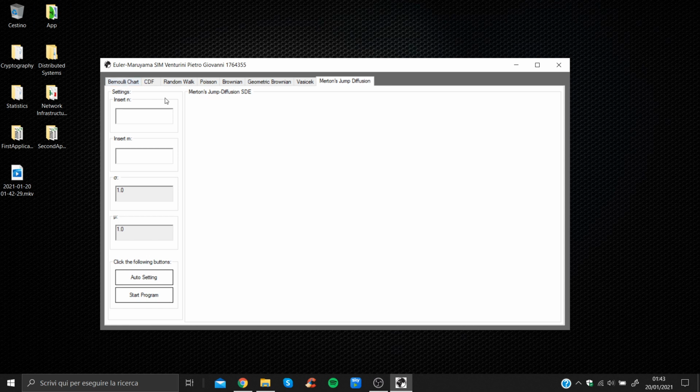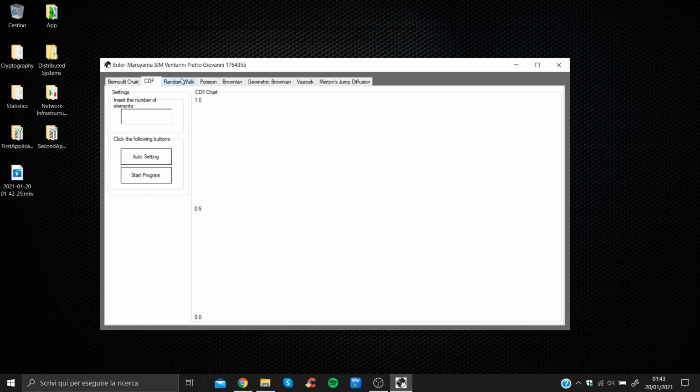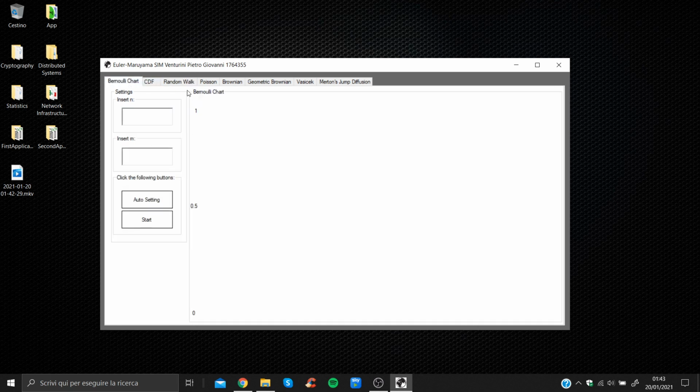Before we start, I would like to say that the user interface for each tab page is basically the same, to make the user experience as easy as possible. It is structured with a settings section, where we can set up our parameters, and two buttons: auto setting and start.